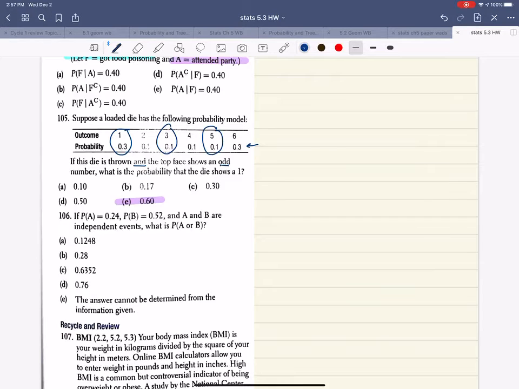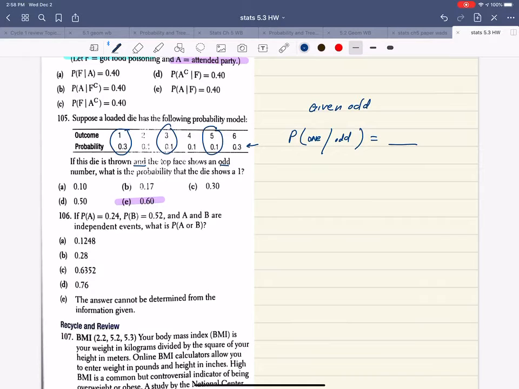What is the probability that the die shows 1? So if it is thrown and shown as an odd, so given that it's odd, right? So I want to put, given that it's odd, what's the probability that it's a 1?